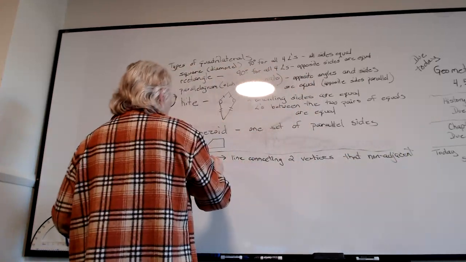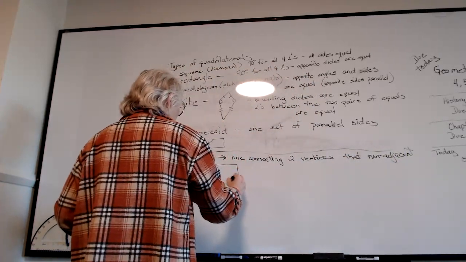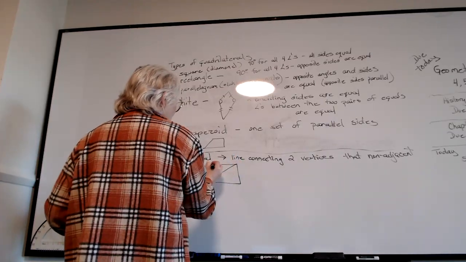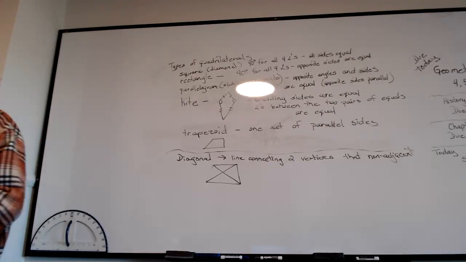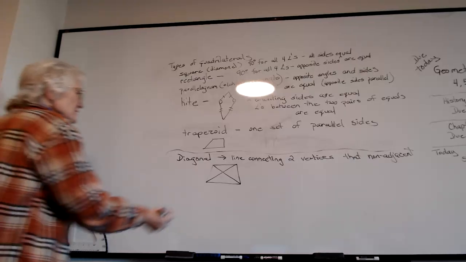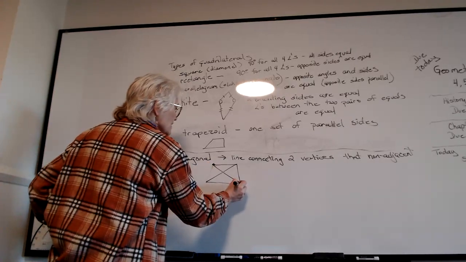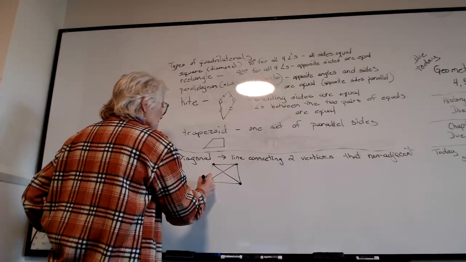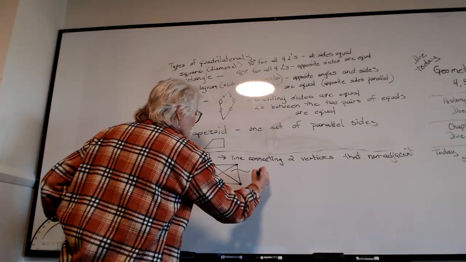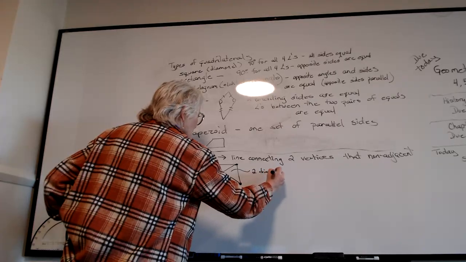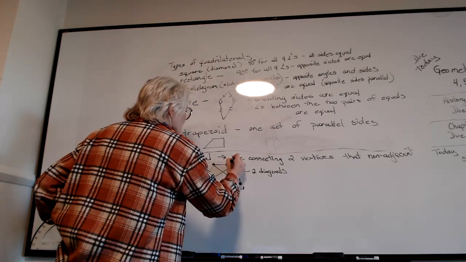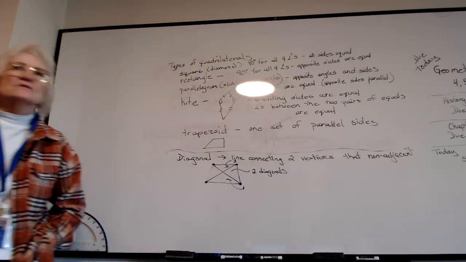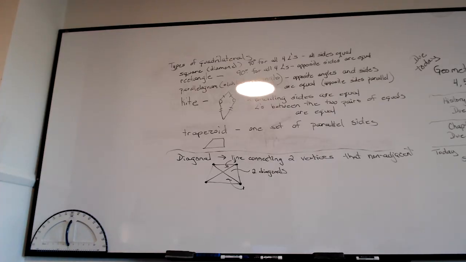So you can draw the diagonal from there to there and down to there. Those are the diagonals of your quadrilateral. It's just taking two non-adjacent vertices and connecting them. So these are two diagonals: one here, two here. Those are called the diagonals, and we'll be referring to them when we look at this.